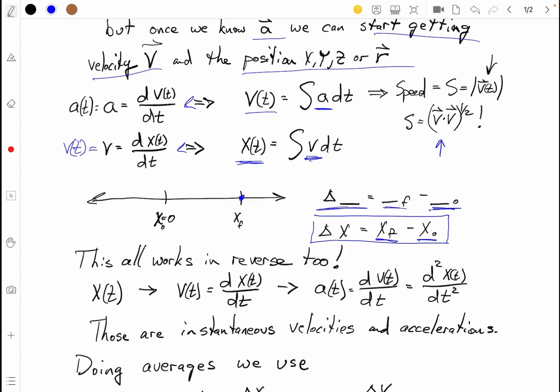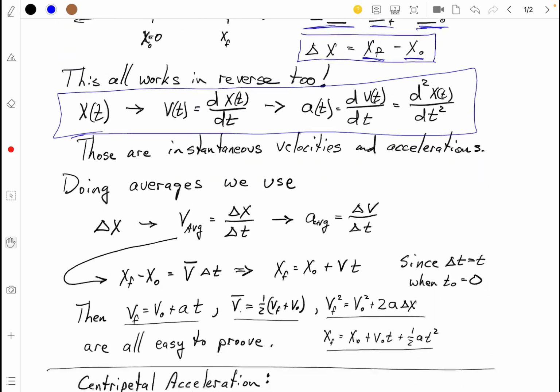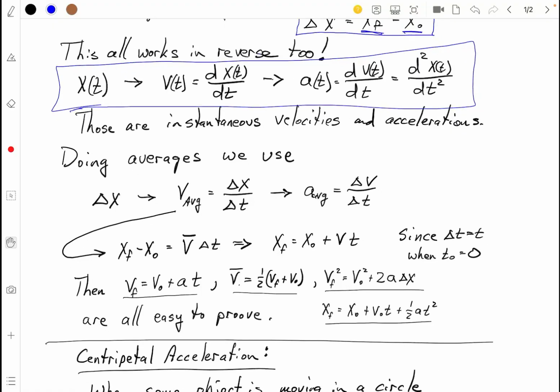So if you have delta V, delta A, delta kinetic energy, it doesn't matter: the final minus the initial. Now, this all works in reverse, and we've done this before 100 times too, so you should be familiar with that. And those are all the instantaneous versions.